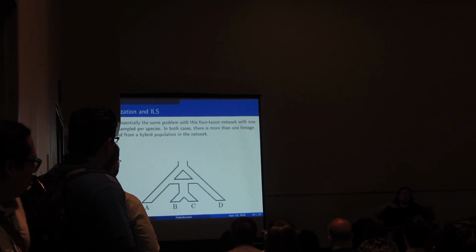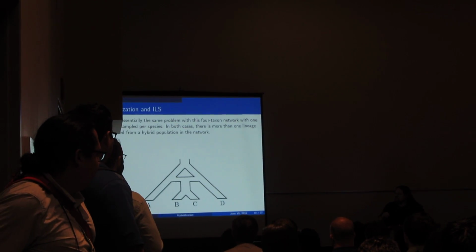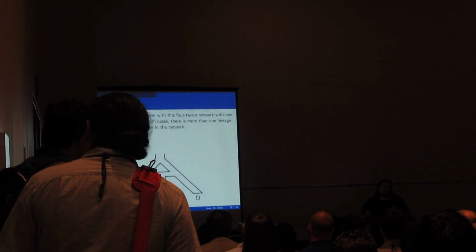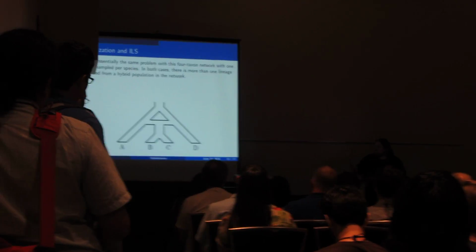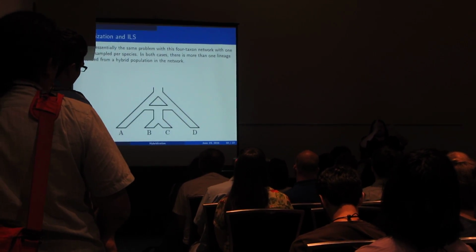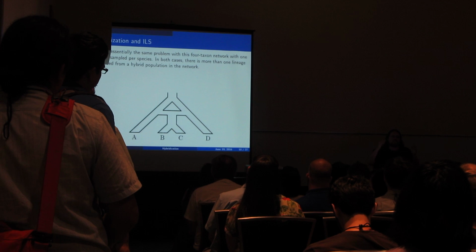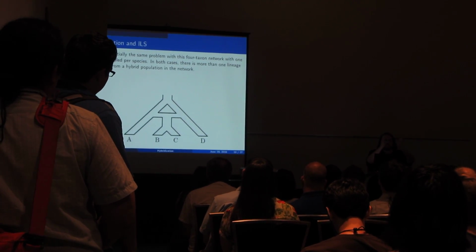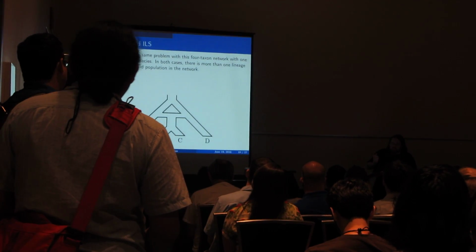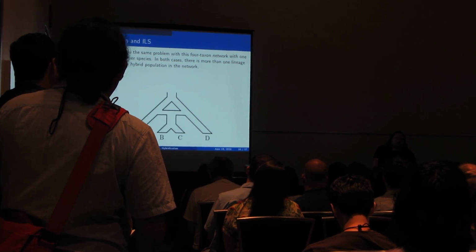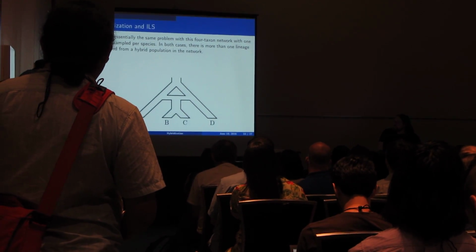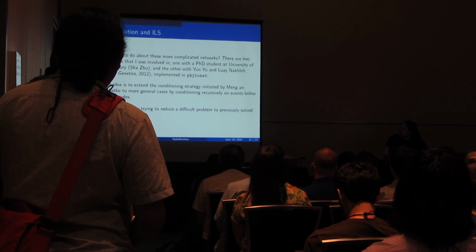So here it's diverged into populations B and C. And in this case, even if I only have one lineage sampled per population, it leads to the same kind of problem, which is that the one lineage from B and one lineage from C, if they fail to coalesce in that population that's descended from the hybrid node, I'm going to have 2 lineages entering that hybrid node, and they might go the same way or they might go different ways. Okay, so this kind of case is less straightforward than the kinds of cases that were originally done in that Meng and Kubatko paper.